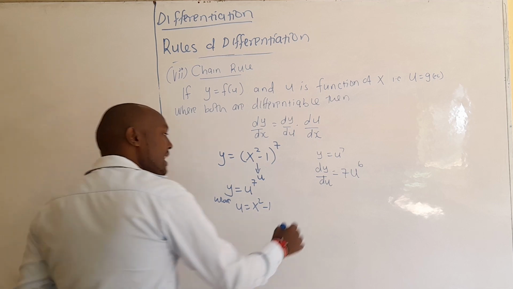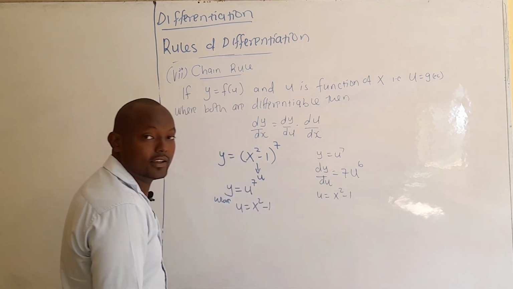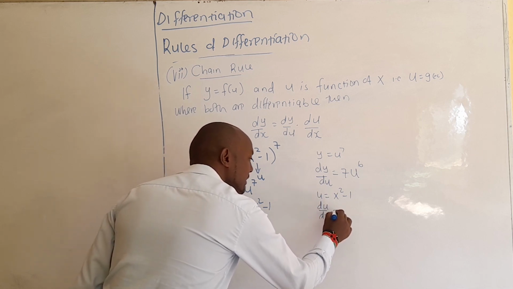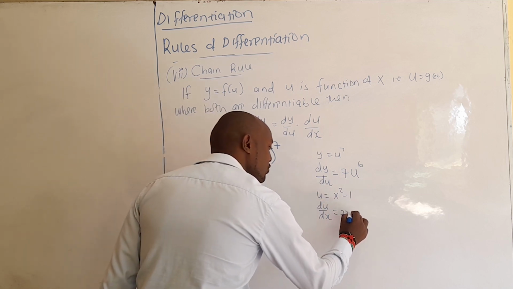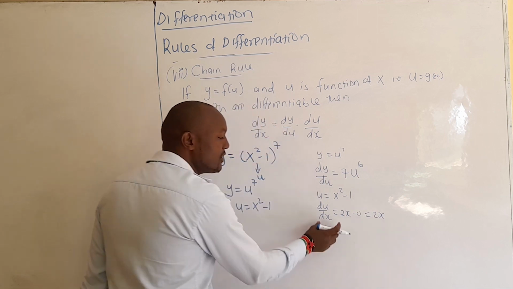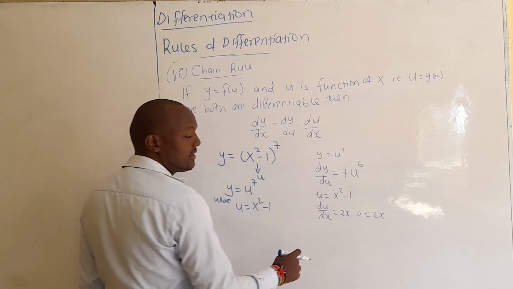Now, remember my u was x squared minus 1, so we can get the change in u over change in x. We differentiate with respect to x, where we get 2x minus 0, so we call it just 2x.